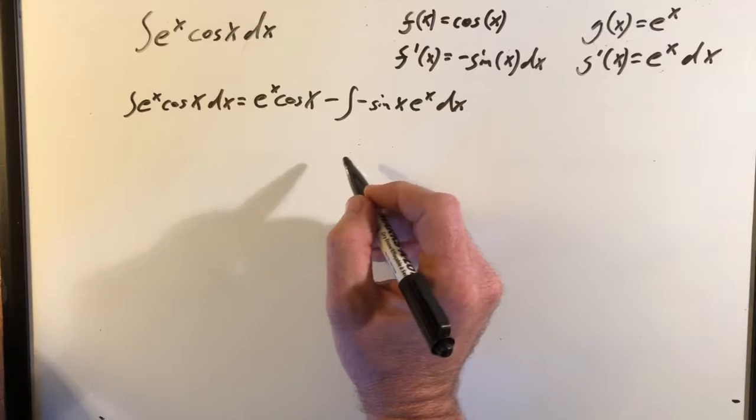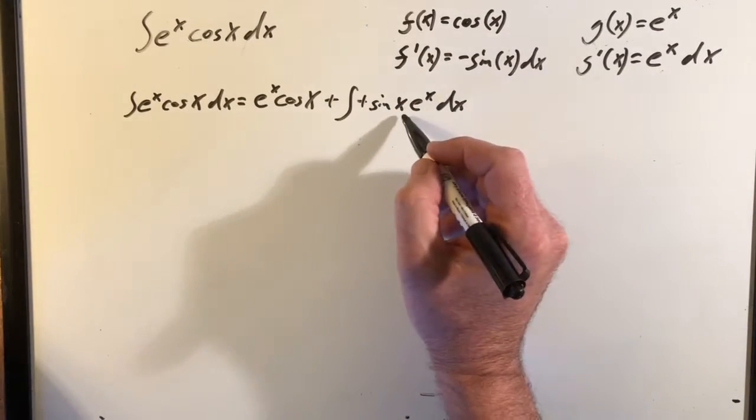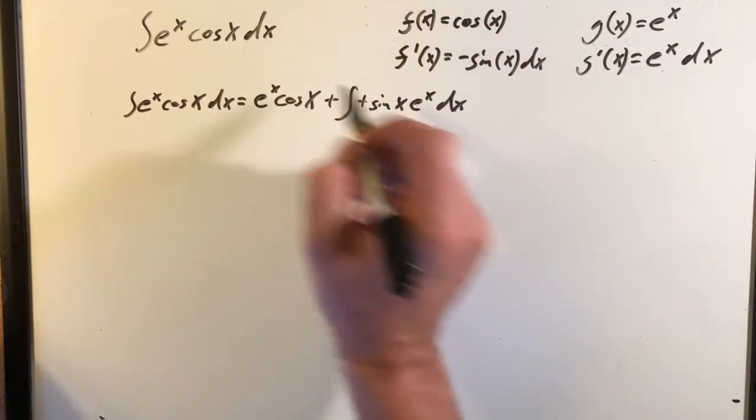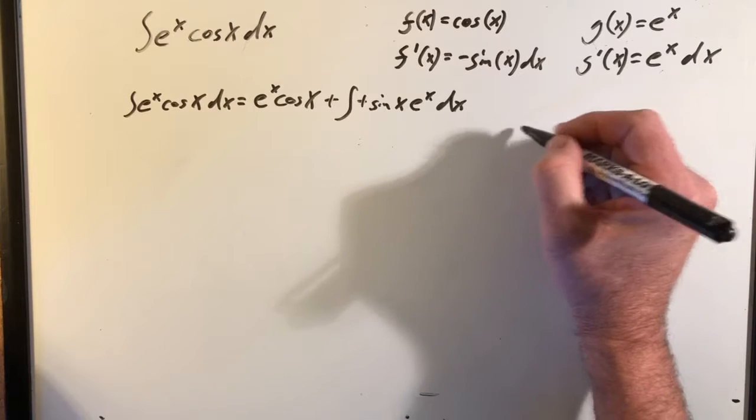Okay, so that becomes a positive and a positive, and now we look at this and we have kind of the same thing. We have to do another integration by parts here.